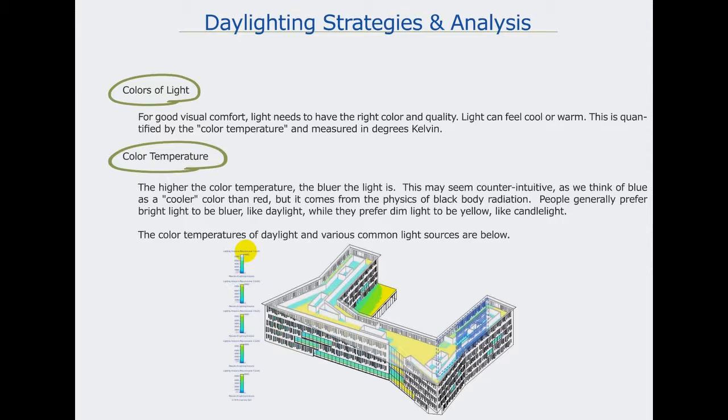When you make daylight analysis for your project or your building, you can know where is the best place for daylight and where is the worst place. In this project, for example, you will find there are a lot of places that have a lot of daylight because there is a yellow color.